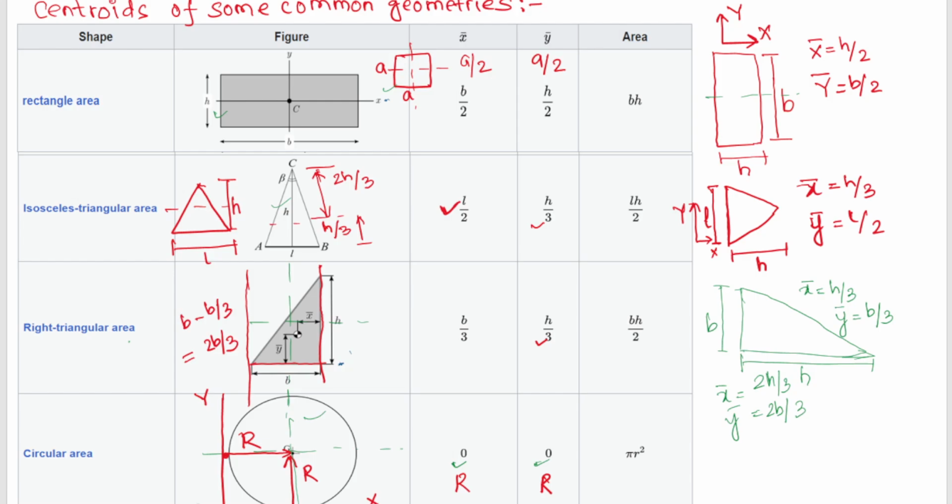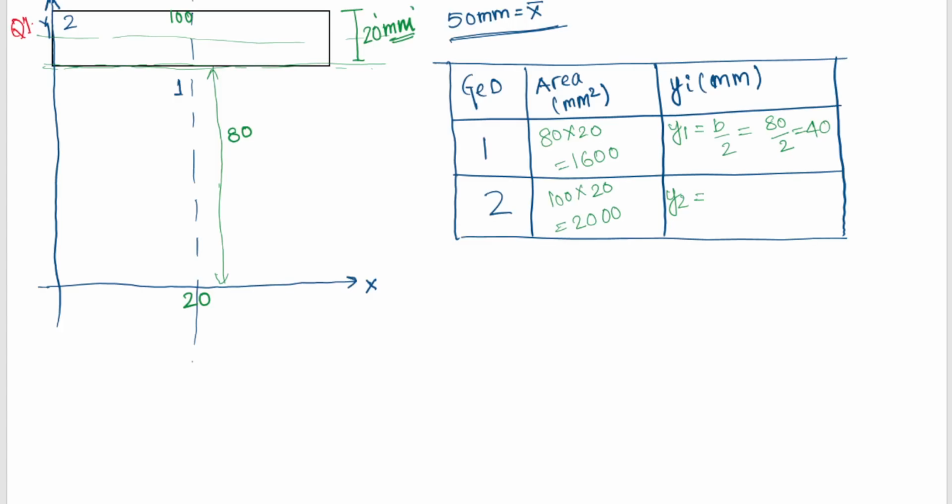So we are going to use this concept, h by 2. The height is 20, so it will be 20 by 2. And then from this point, what will be the distance of this point with reference to this location? It will be 80 mm apart. So this distance will be added, plus 80, which gives you 90.